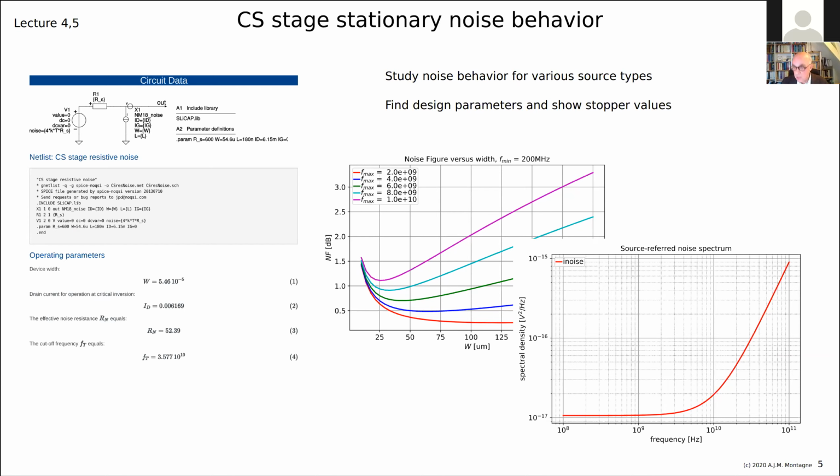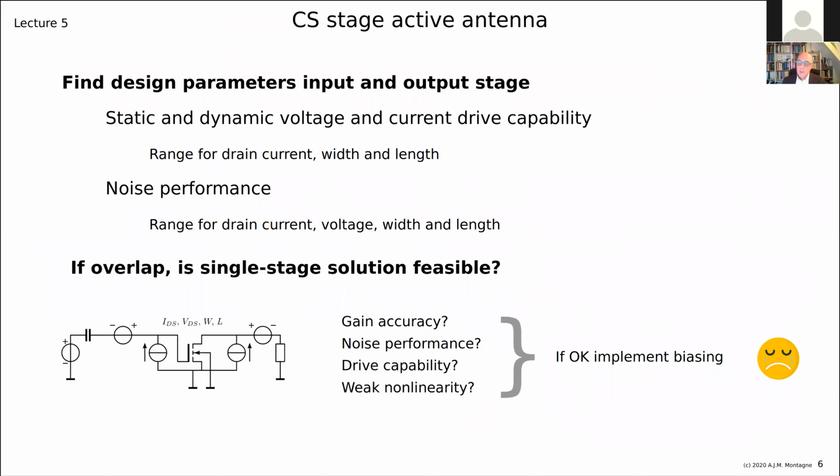And of course, as I told you, we want to illustrate the application of this knowledge all in the active antenna. So now, if we know the behavior of such a CS stage, then we can say, okay, let's design a CS stage that can drive the load for the active antenna and has a good noise performance, and see what kind of device, what width and length, and what voltage and operating current we need to get this behavior.